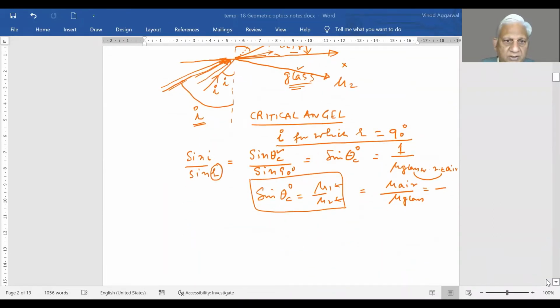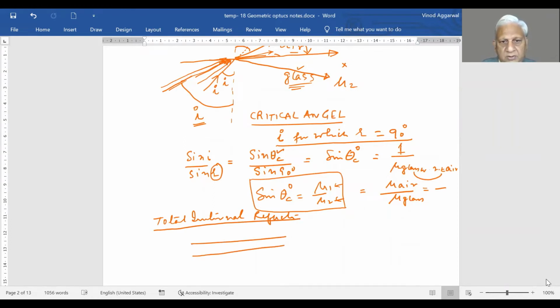This phenomenon of total internal reflection has immense commercial use. For example, in fiber optics, the material and the cladding: this is, let us say, mu2, and the refractive index of this material is mu1.